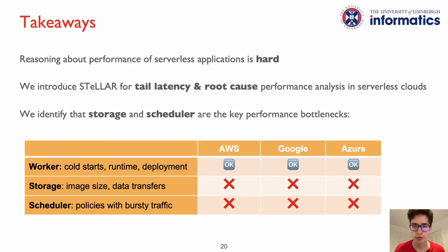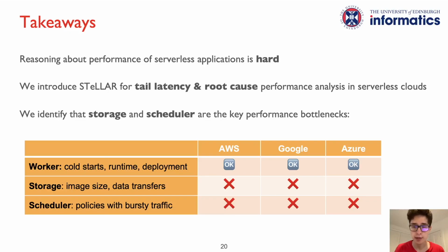Reasoning about performance of applications running in serverless clouds is difficult, and this is because the cloud infrastructure is obscure to cloud users. Our work introduces STeLLAR, an open-source serverless benchmarking framework that enables performance and even tail latency analysis of serverless clouds without an access to their proprietary components.